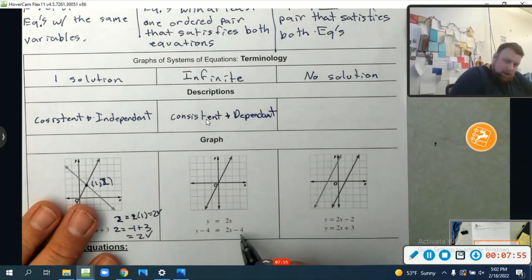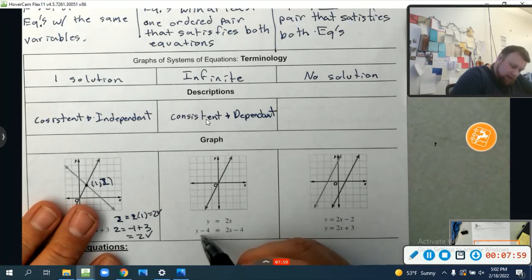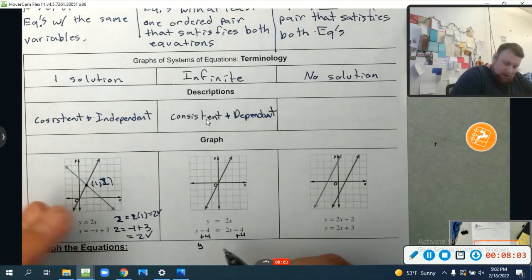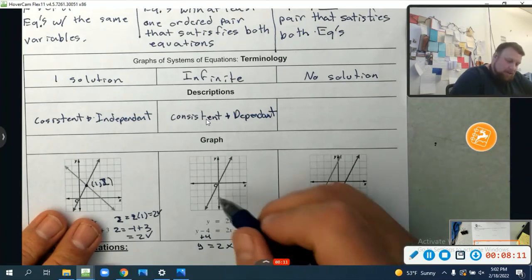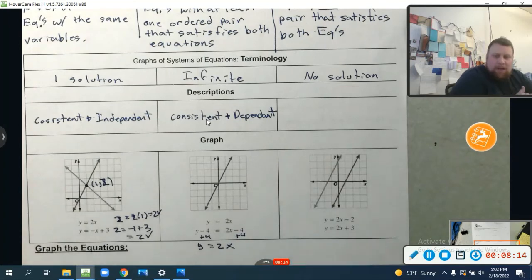Look right here. For y equals 2x up top, on the bottom one, I can add 4 to both sides. What do I end up with? Y equals 2x, which is the same as up here. They're the same line, so they're on top of each other. They're dependent upon each other. When one moves, the other moves.